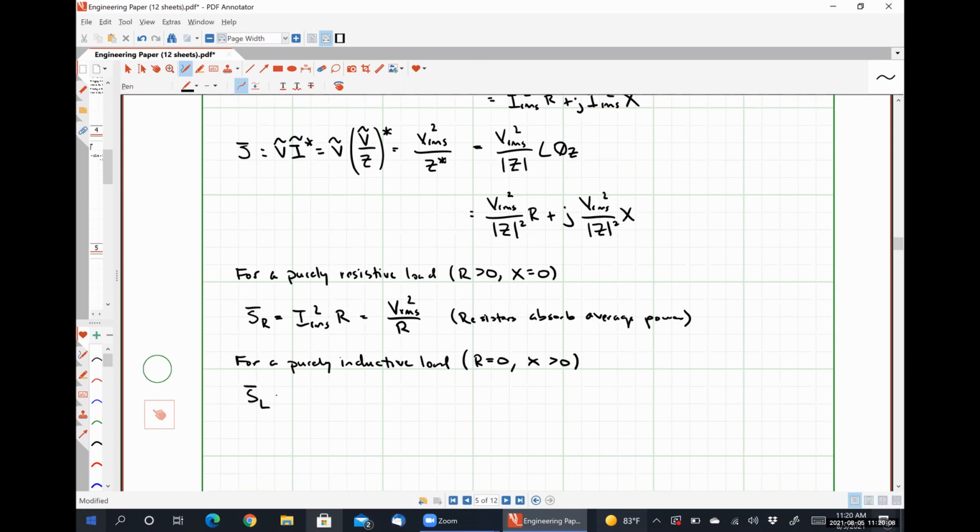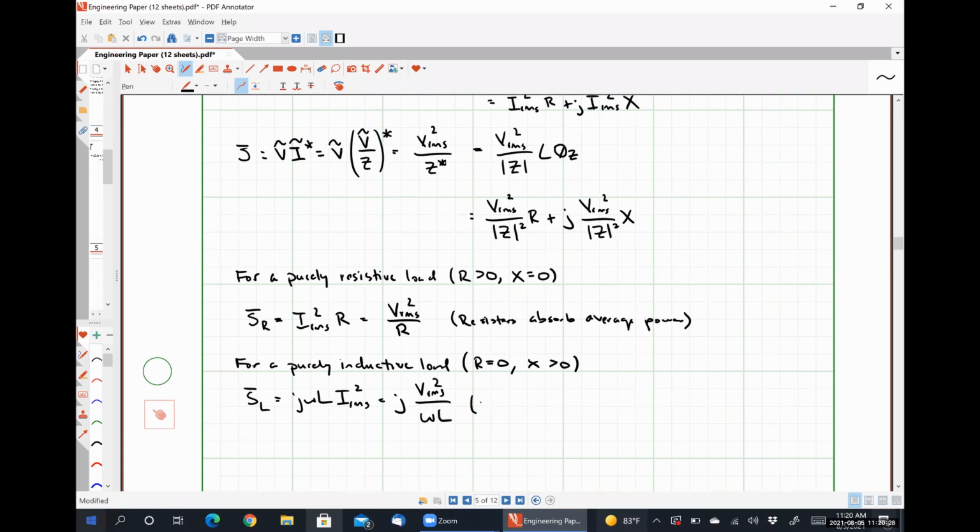We would have SL is equal to J omega L times IRMS squared, or J VRMS squared over omega L. And so we can see that inductors absorb reactive power.